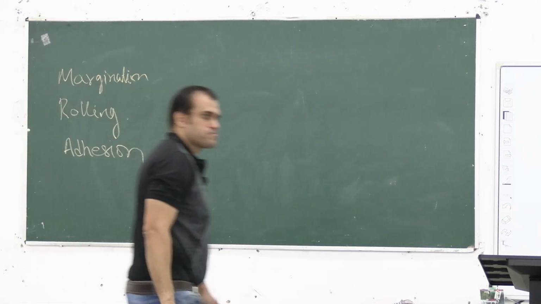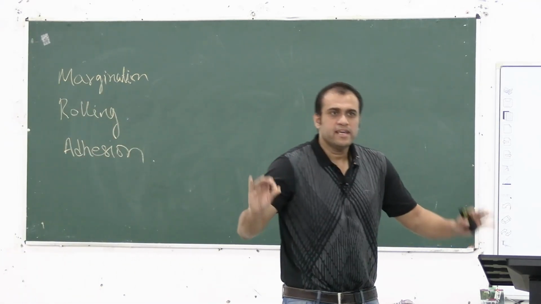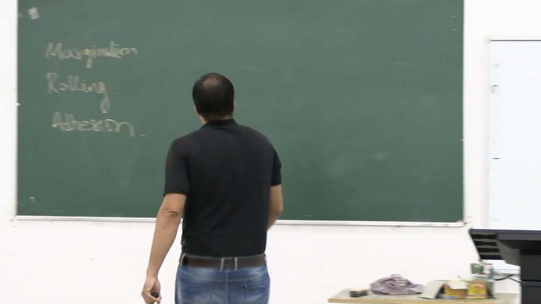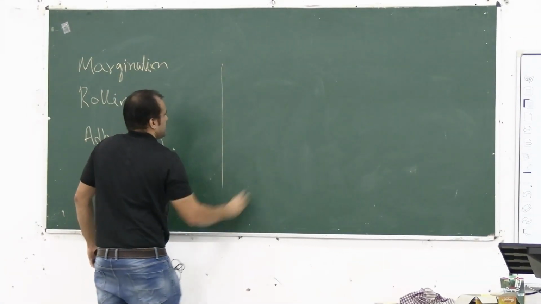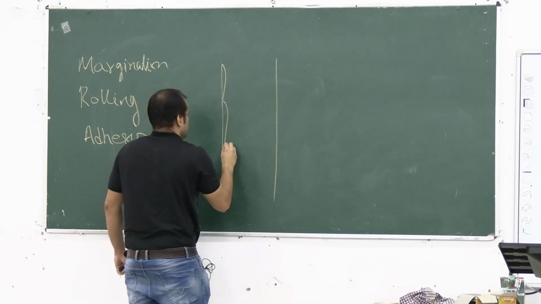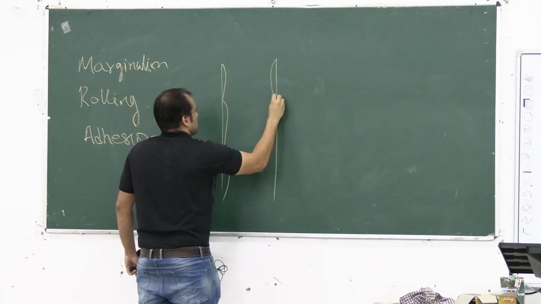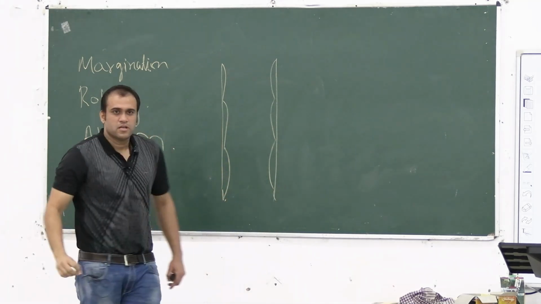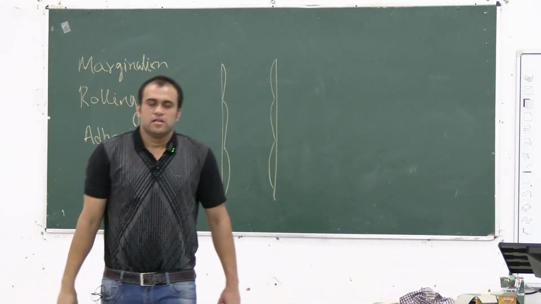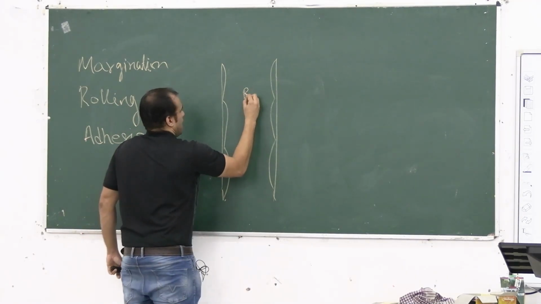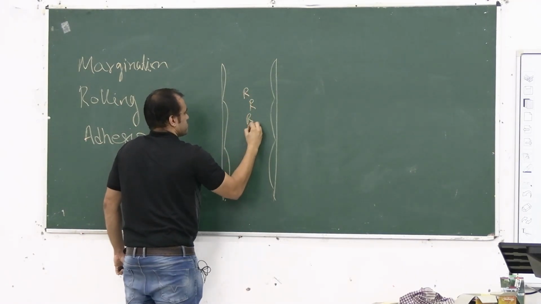Okay. So normally in a blood vessel, if we consider this as a blood vessel, the red cells, RRR stands for red cells.